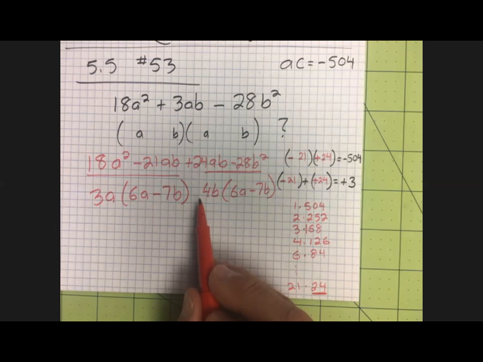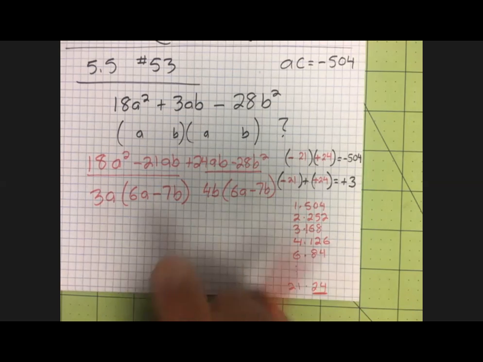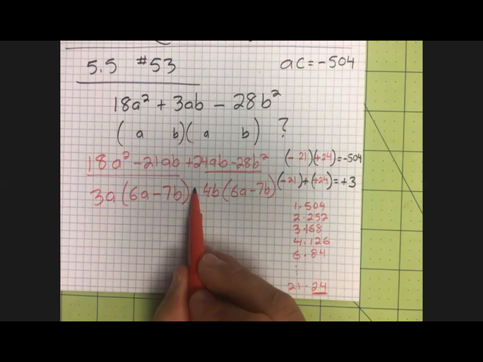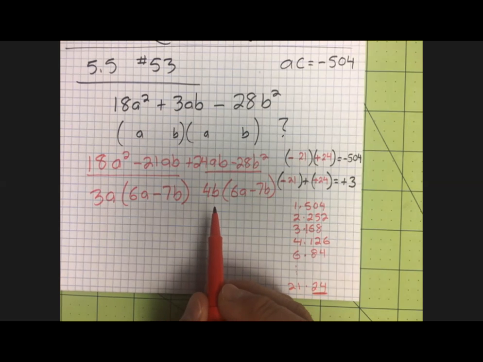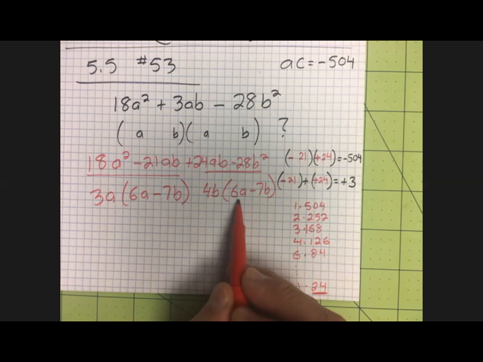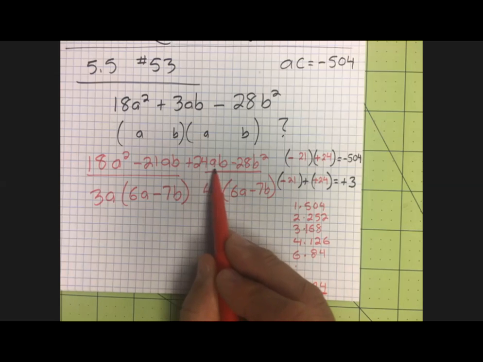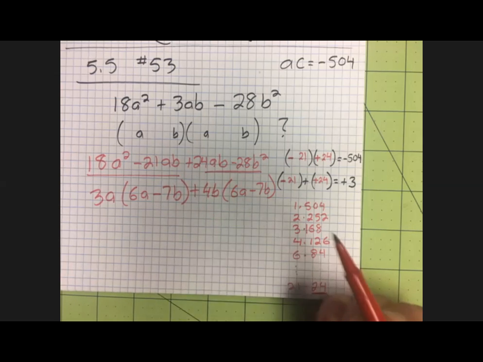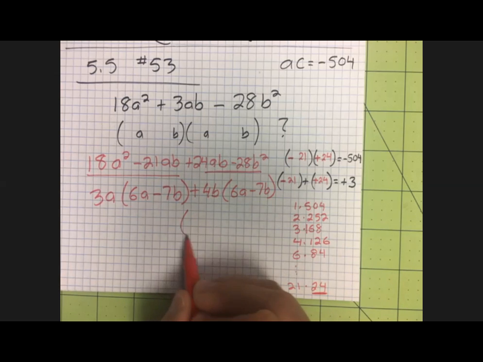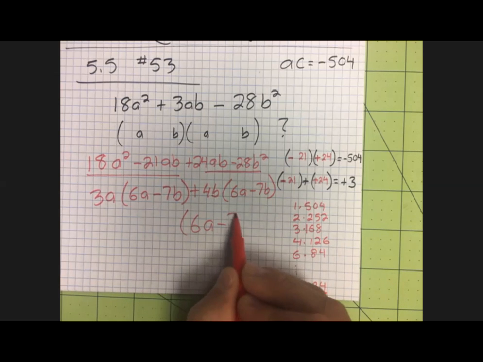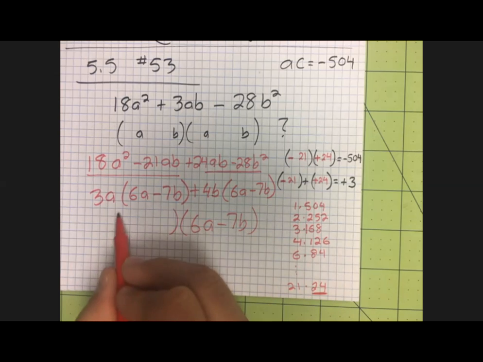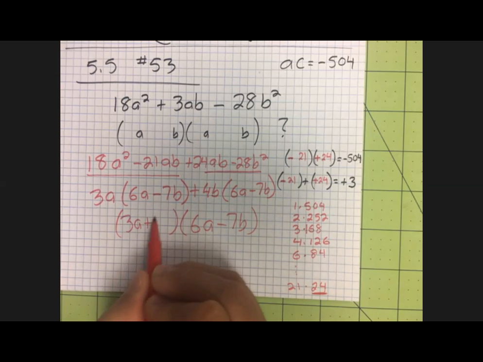It's going to cost you, because you are not multiplying here. You have to commit plus 4b or minus 4b. And by the signs, I want 4b times 6a to be positive 24ab, so I want positive. Now I can finish. 6a minus 7b, 3a plus 4b.